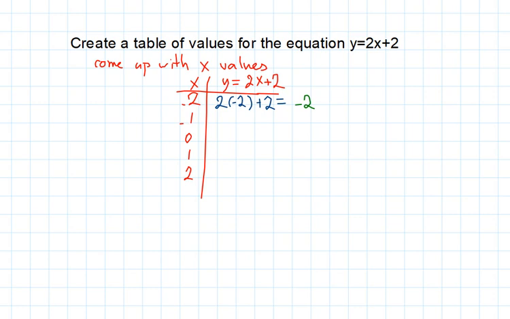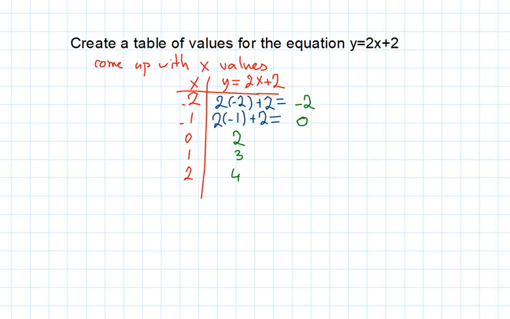Okay, so when you plug in the -1, this value will become 0. Again, if you want to work it out, it would be 2 times -1 plus 2, which equals 0, and you keep doing that until you end up with the values of 2, 3, and 4. Okay, so this is the table of values.